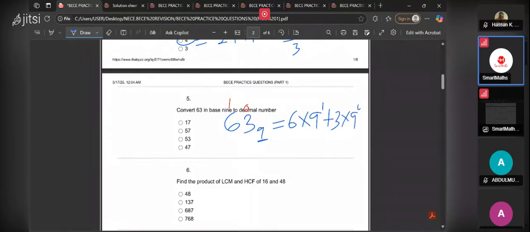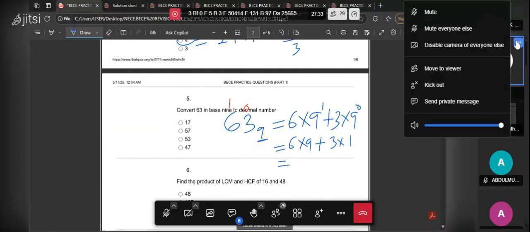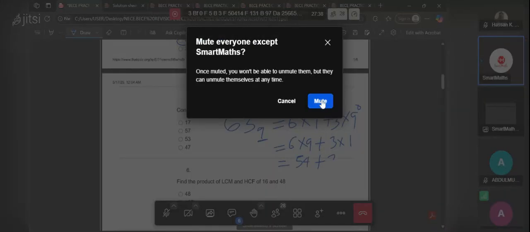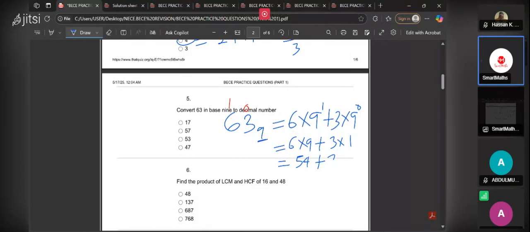So 9 raised to power 1 is 9, so that will be 6 times 9 plus 3 times 9 raised to power 0. Anything raised to power 0 is 1. So 6 times 9 is 54, plus 3. So we're going to have 57. So that is the answer, which is option B here. I hope this is clear, right? Good.